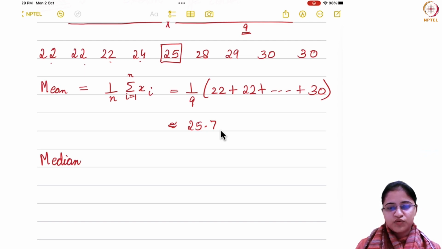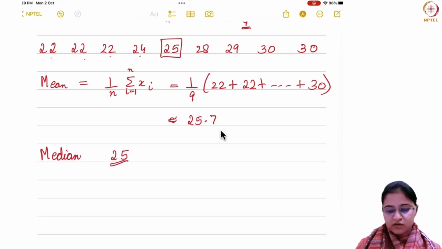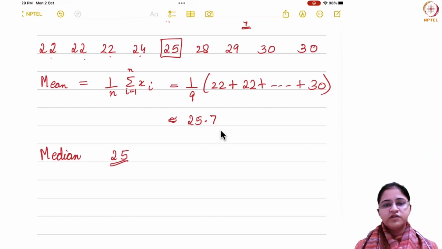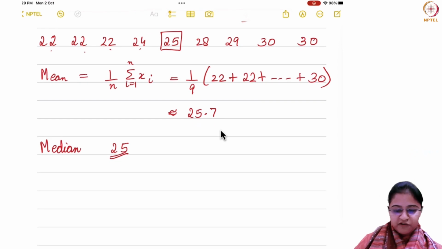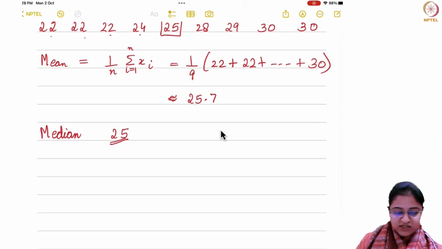So the median is 25 in this case. Because in this data set, you have an odd number of observations. If you have an even number of observations, then you take the average of the middle two values. So I believe you all are familiar with these, which is why I am not going into much detail about these aspects, and I'm just quickly summarizing it.